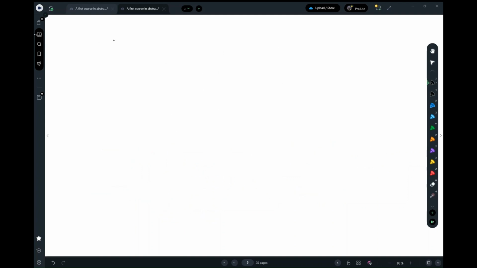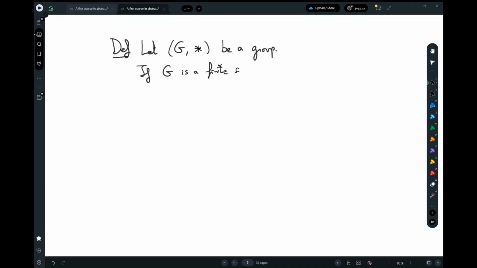So let me define that. Let G with operation star be a group. Then if G itself is a finite set, we say G is a finite group.